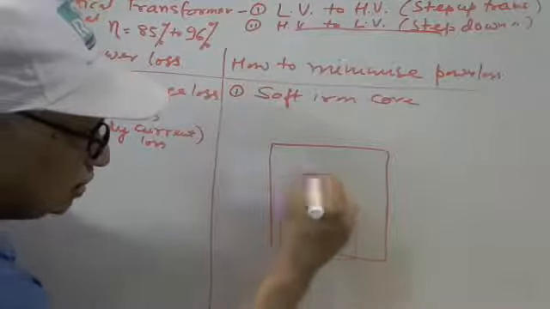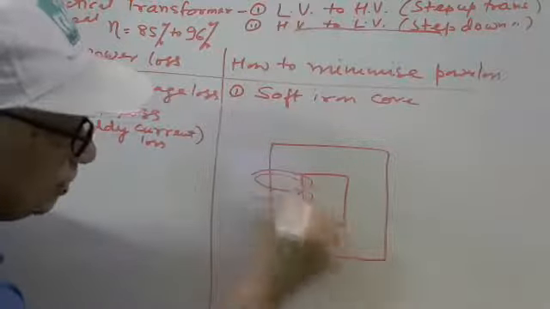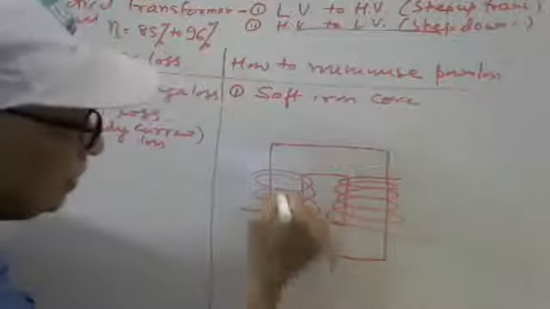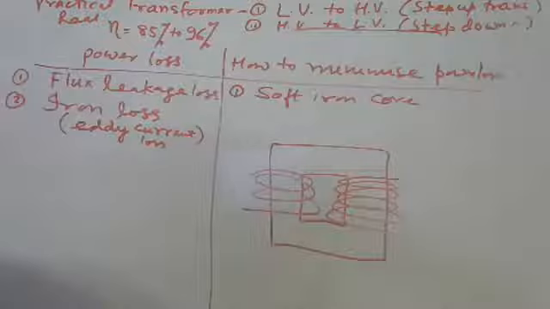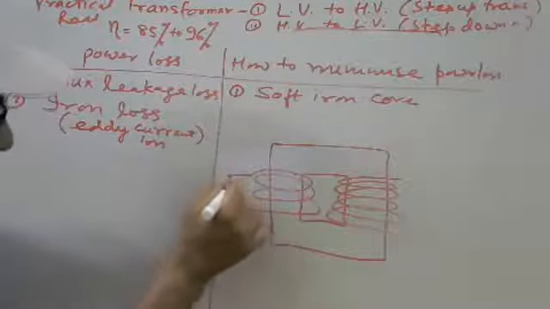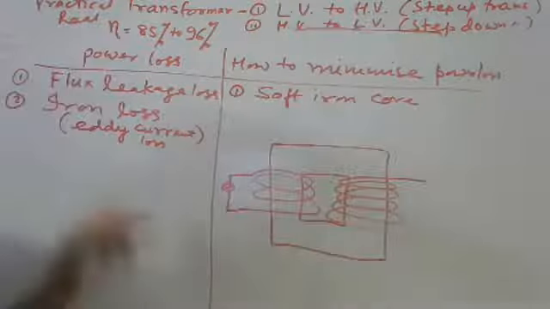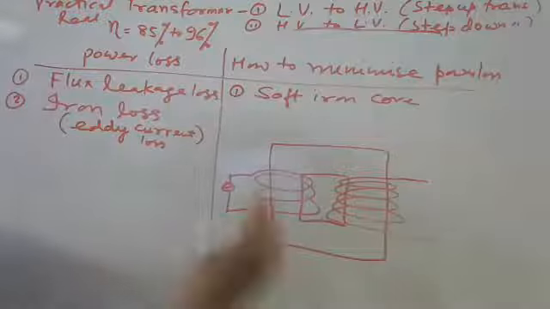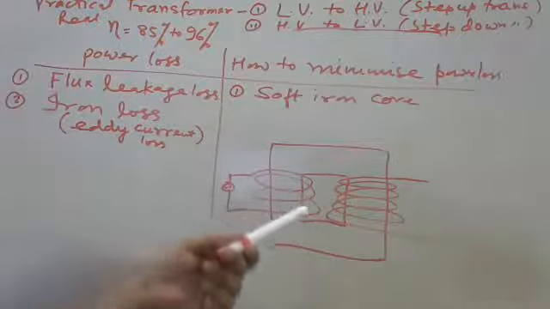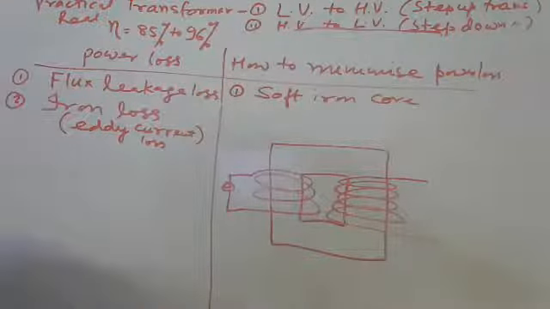Let us discuss this. Here the windings are there, so flux is linking through the soft iron, and we are using AC in the primary. AC means the flux changes. Whatever flux is changing in the primary, the same flux links with the secondary by using the soft iron core.